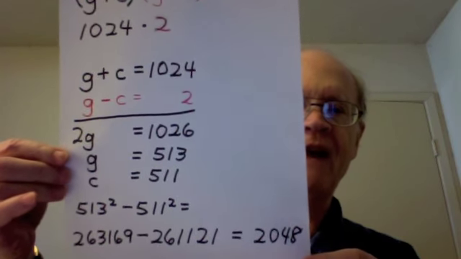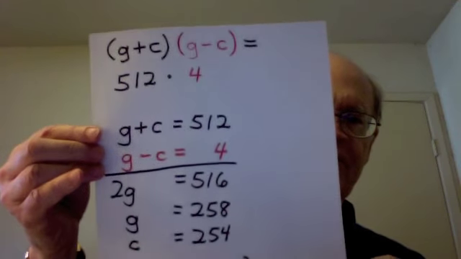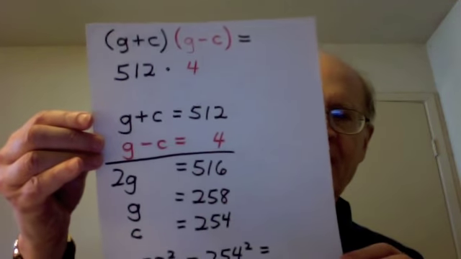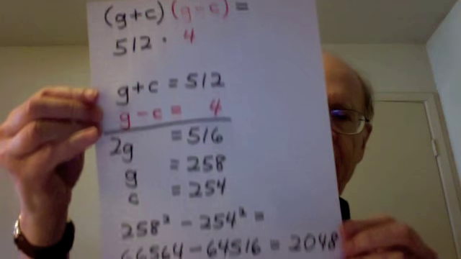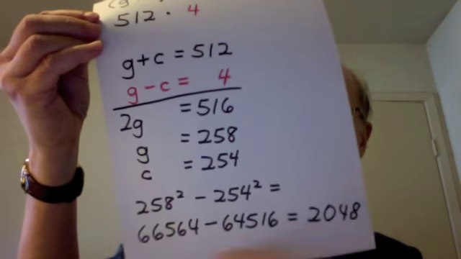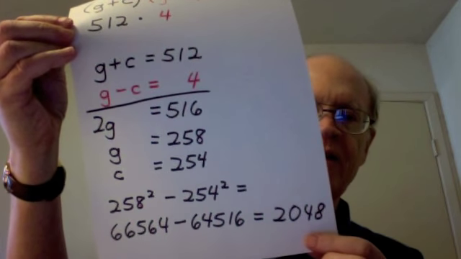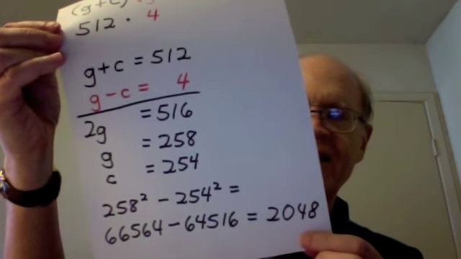But there are other candidate solutions, again, based on what you see here. Our next one is G plus C equals 512, G minus C equals 4. That leads to another pair of square numbers that differ by 2,048. This is our second candidate solution.